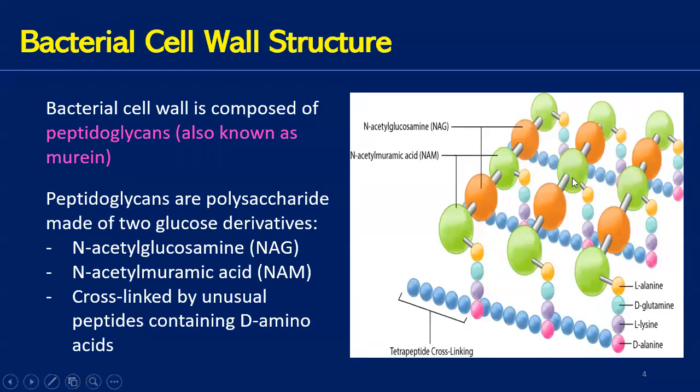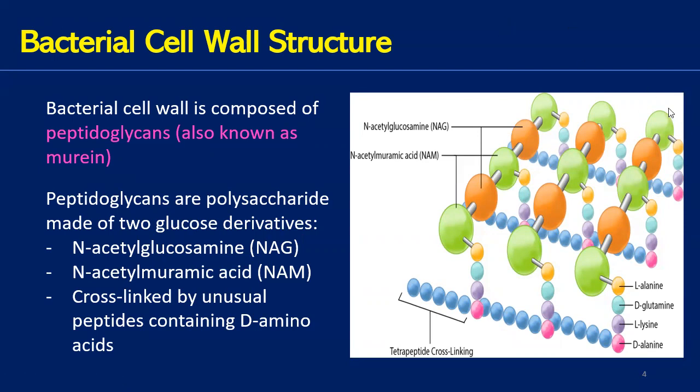That's how the bacterial cell wall consists of peptidoglycan. And this peptidoglycan is actually a sugar, a derivative of glucose, bound to a protein, which is a peptide. In reality, this is a tetrapeptide because it consists of 4 amino acids.